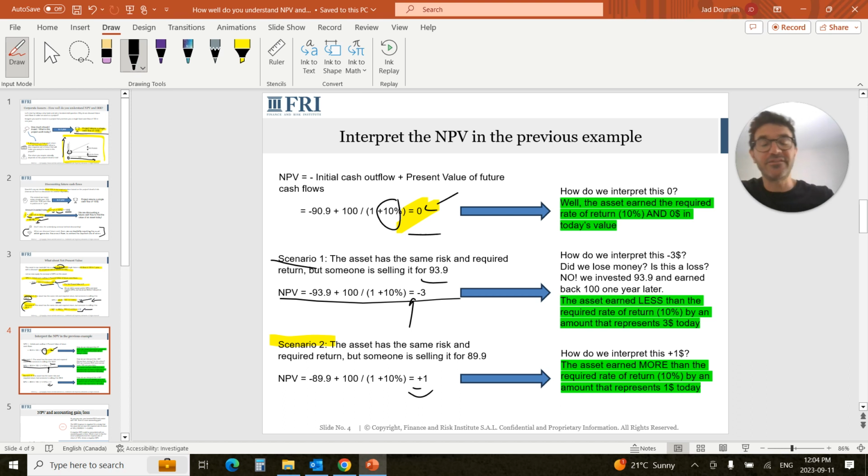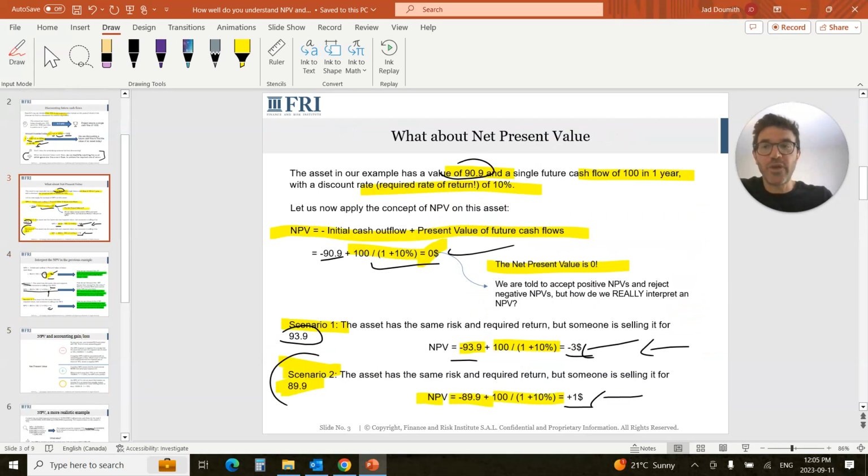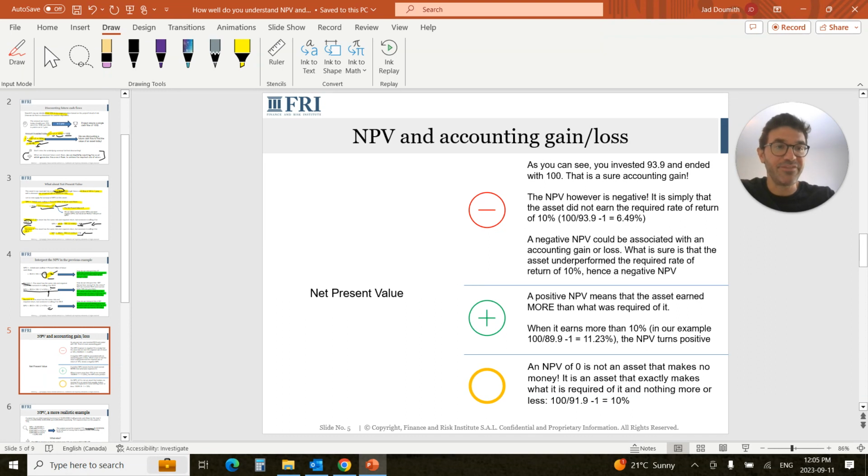So let's look again at the zero. Following the same interpretation, the project earned the 10% that is required of it plus $0, which means that it exactly earned 10%. This is the correct way to interpret an NPV. When the NPV is negative, it means that the project earned less than the discount rate that is required of it.